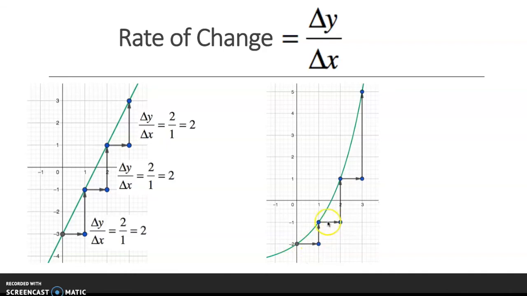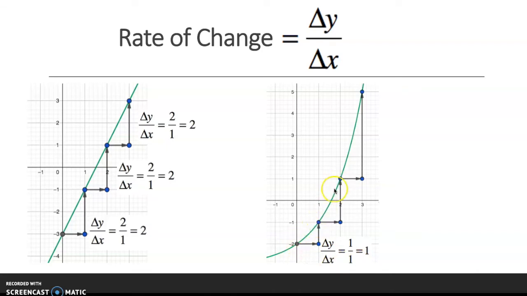This is 1 unit long. This is 1 unit long. And as you can see, the increase in y is changing this time. So this one's going to be a little bit different. For these first 2 points, the change in y is plus 1, and the change in x is plus 1. So the rate of change is 1 over 1, which is equal to 1. So between these 2 points, the rate of change is 1.